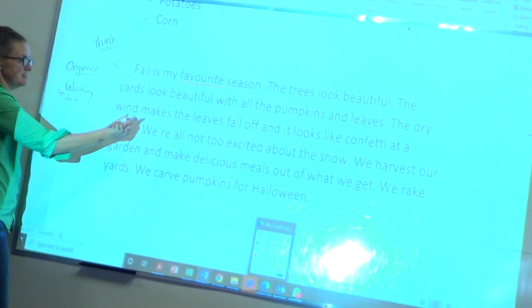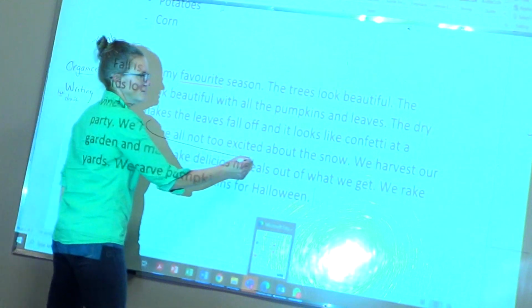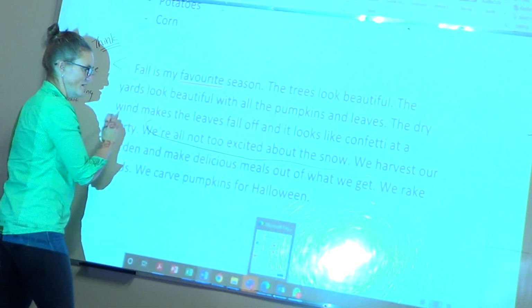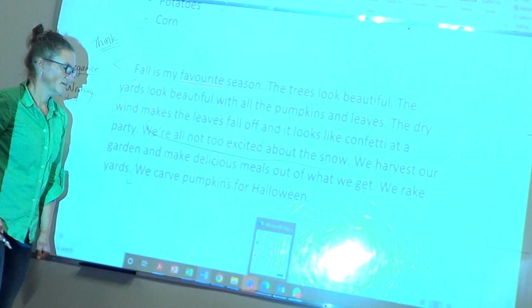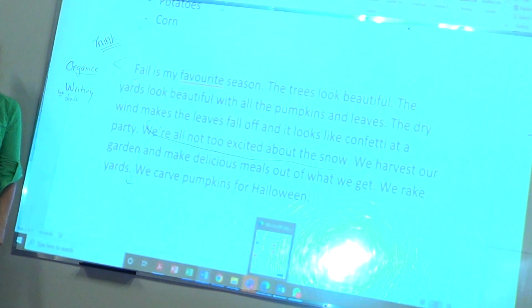So we could take this idea about snow and we could put it somewhere here, right? Is it okay that we moved it away from talking about the weather? Because we said before we had it with the weather, but is that okay? Yeah, for sure, right? What else could we do with this? What else could we do to spice it up a bit? Or make it into a stronger paragraph?